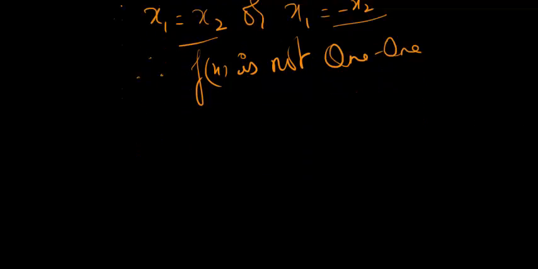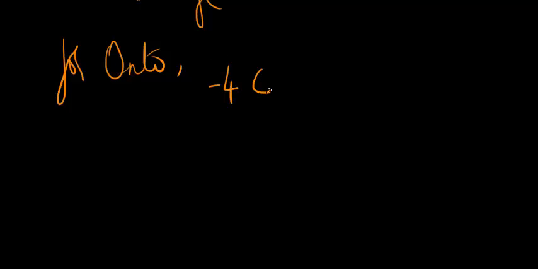Okay, now let's proceed further. For onto, because I already know that the negative numbers do not have any pre-image, I can take one example. Minus 4 belongs to the codomain, which is R. However, the proof is going to remain the same.